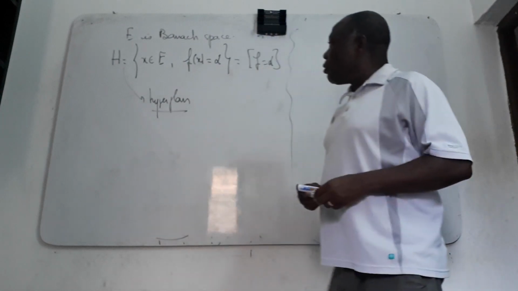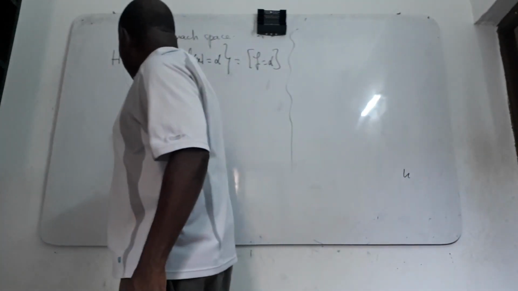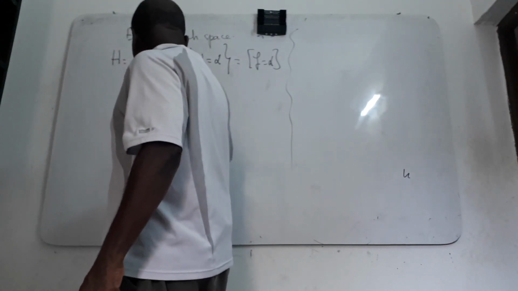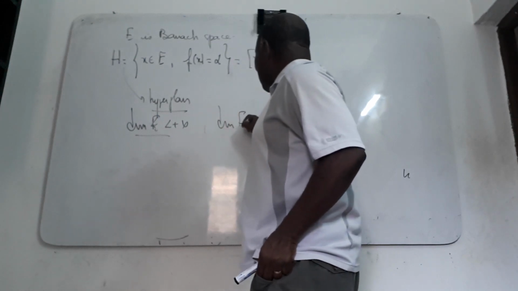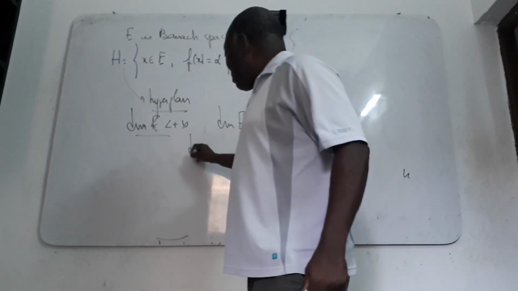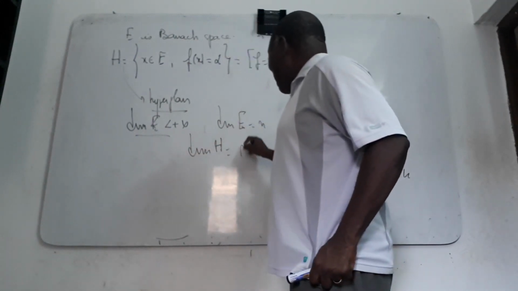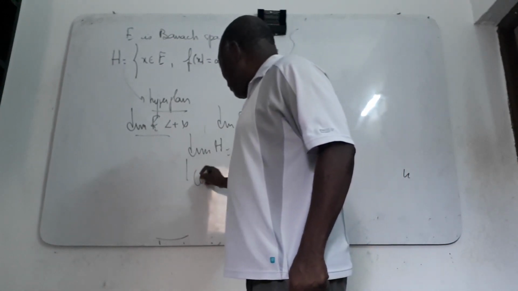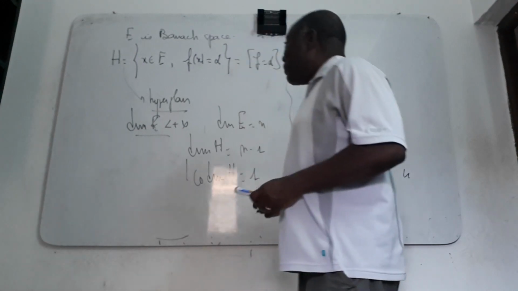When E is finite dimensional, if the dimension of E is equal to n, the dimension of H is exactly n minus 1. That means that the codimension of H must be equal to 1.